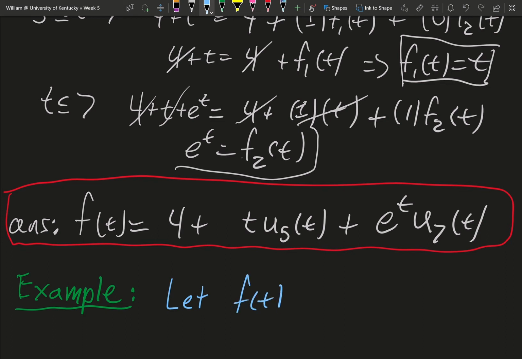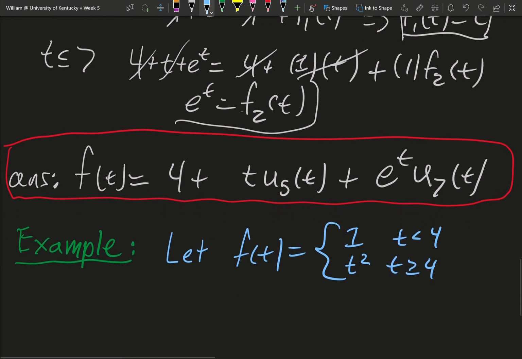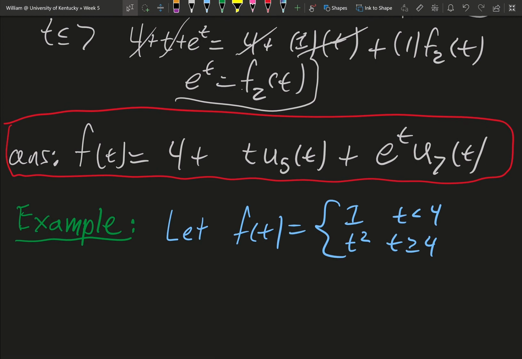So for this next one, we're going to be given a piecewise function, 1 if t is less than 4, and t squared if t is greater than or equal to 4. And we're going to compute the Laplace transform of f of t.